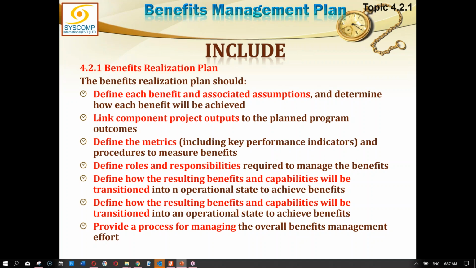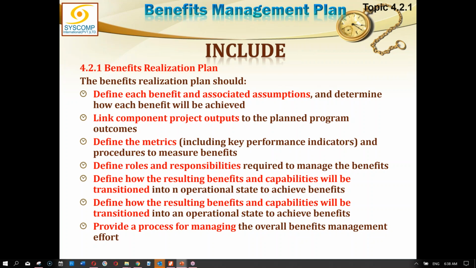Define how the resulting benefits and capabilities will be transitioned into operational state and provide a process for managing. Now, do not confuse it with the transition itself, because transition is not happening here, but all of that has been planned here. Benefit realization plan describes when the benefits will be delivered, when they will be transitioned, when they will be sustained, and how.